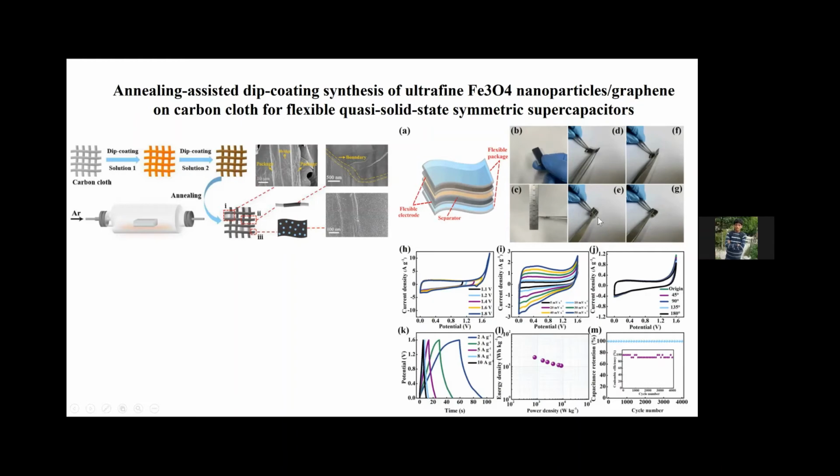If they use an aqueous electrolyte, it can't be flexible, because all the electrolyte would come out, right? So this is the flexible device application. Also, if we use an aqueous electrolyte, it may be limited to a potential window of up to 1 volt, but with the gel electrolyte, they can achieve a higher voltage window.